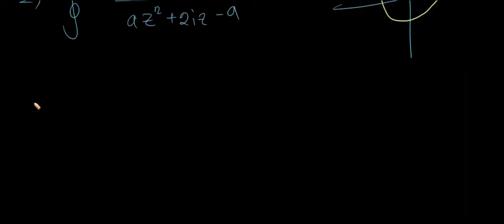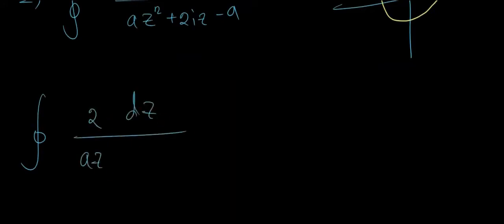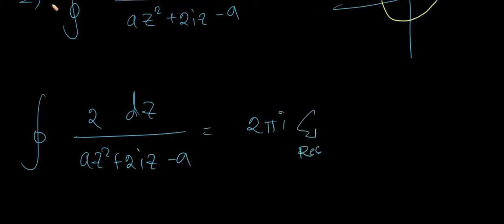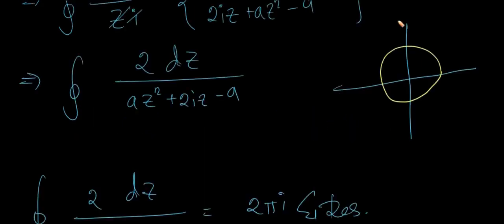So we're going to write it as the integral of 2 dz over az squared plus 2iz minus a, and this equals 2 pi i times the sum of the residues that this contour, or this unit circle, contains inside it.